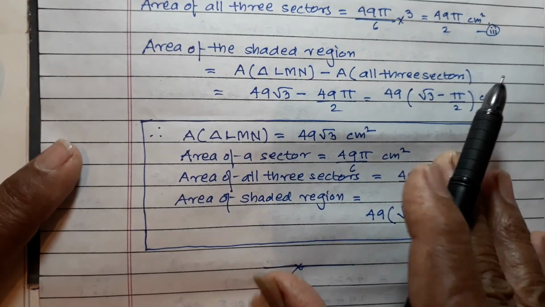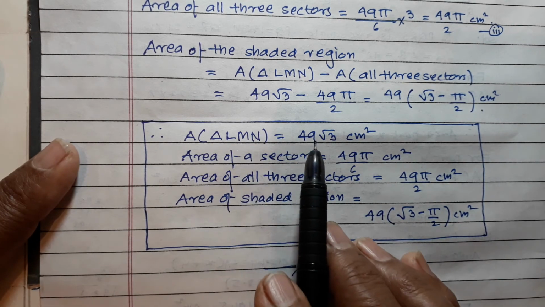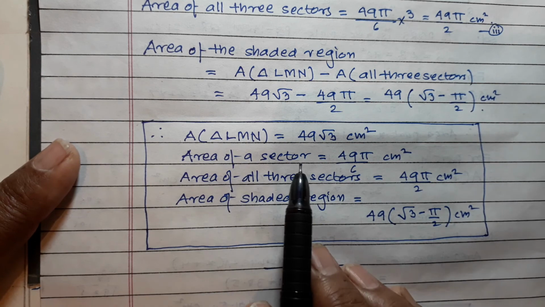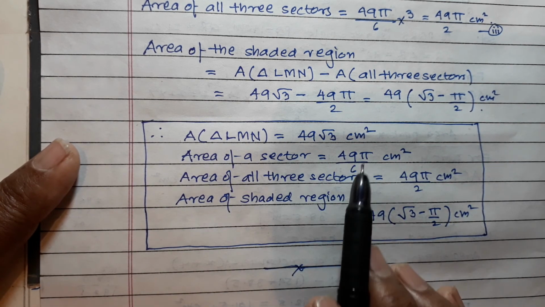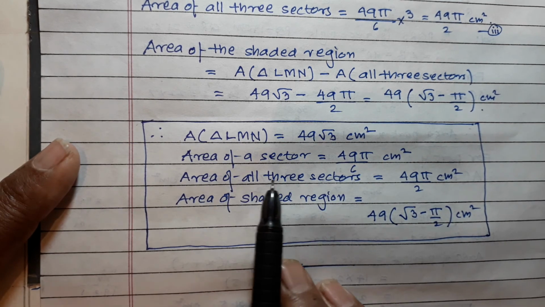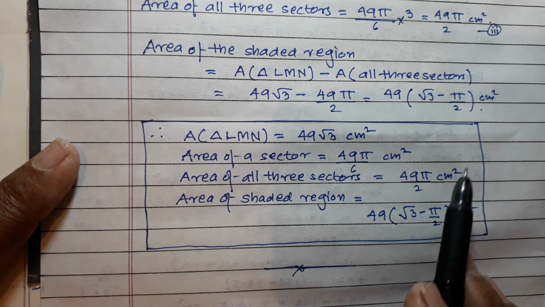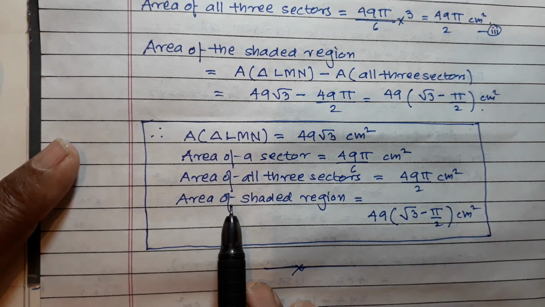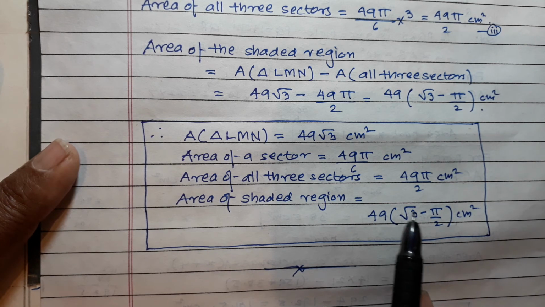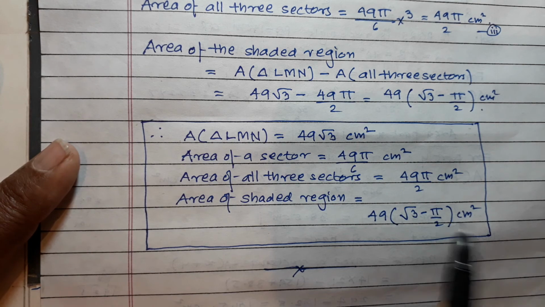Hence area of triangle LMN is equal to 49 root 3 cm square. Area of sector is equal to 49 pi upon 6 cm square. Area of all three sectors is equal to 49 pi upon 2 cm square, and area of shaded region is equal to 49 into bracket root 3 minus pi upon 2 cm square.